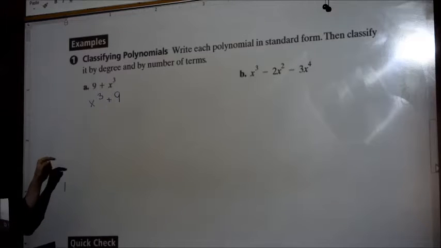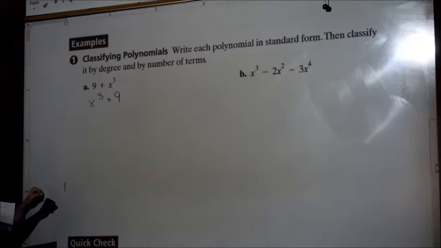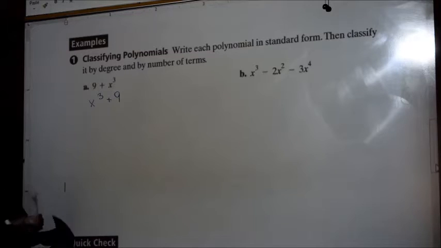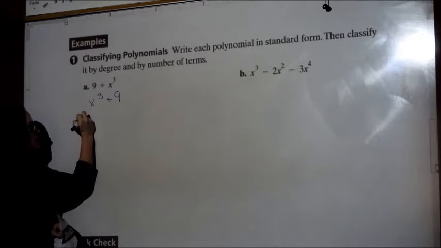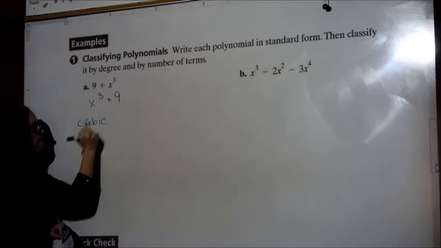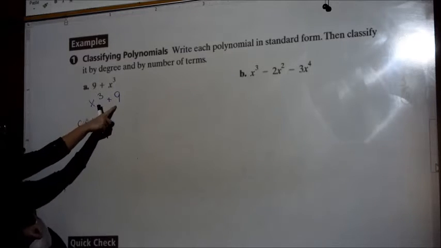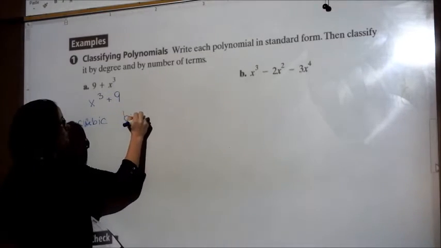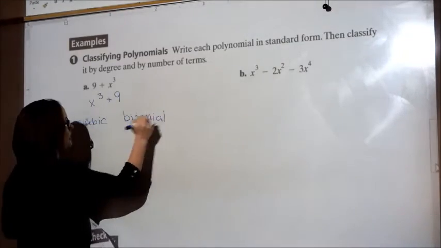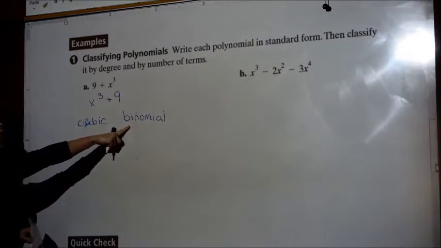So how would we write this based on its degree and its number of terms? We're going to say, because the largest degree is cubed, this is a cubic. And because there's 2 terms, we're going to say this is a binomial. This is a cubic binomial.